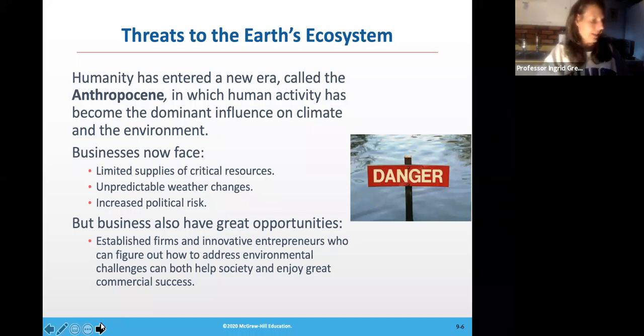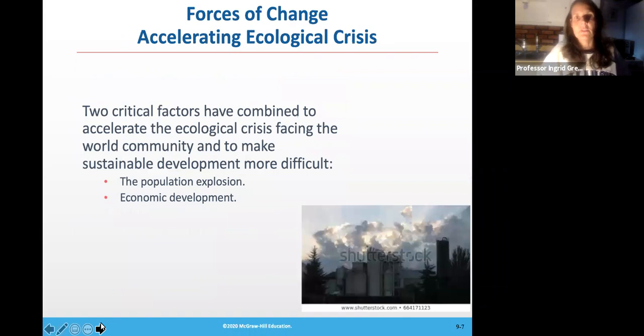Let's go ahead and hop into forces of change, accelerating ecological crisis. So here there are two critical factors that have combined to accelerate the ecological crisis facing the world economy and to make sustainable development more difficult. We're going to go deep into both the population explosion and also economic development.